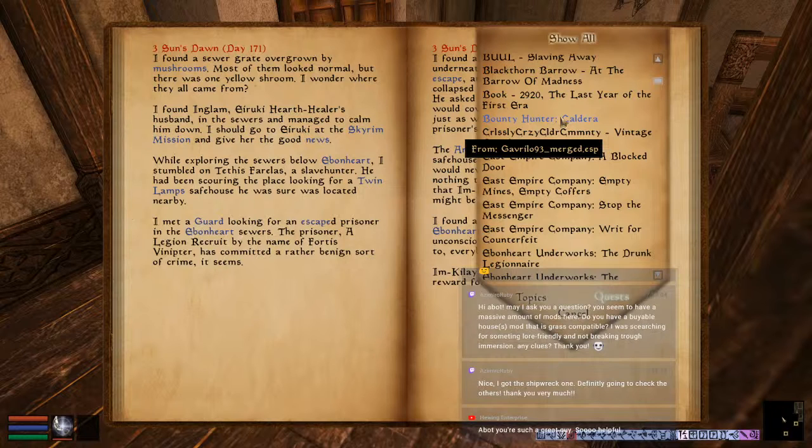I imagine mods by author here, because I like most of the mods by Gavrilo, so I install them as soon as they are released. And the bounty hunter quest is from one of his mods.